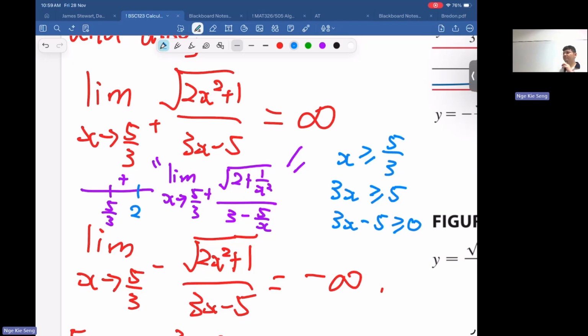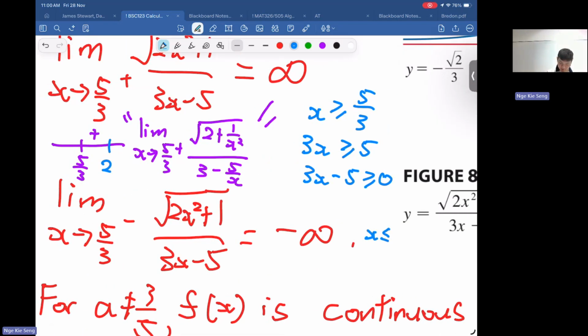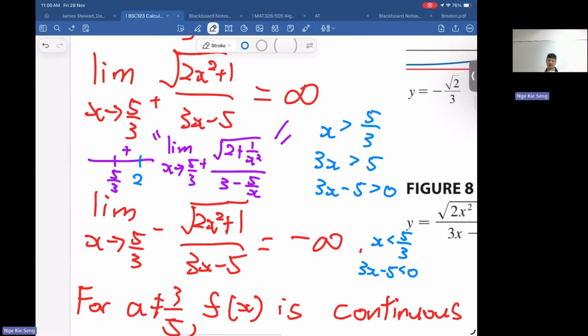If x is less than or equal to 5/3, then 3x minus 5 is less than or equal to 0, so that's why the denominator becomes negative. Maybe we don't include the equal signs because we don't care about x at 5/3. So that's why we get the right sign here.